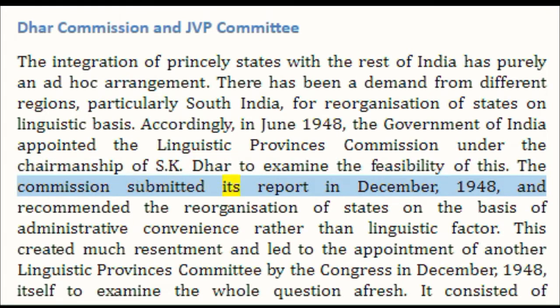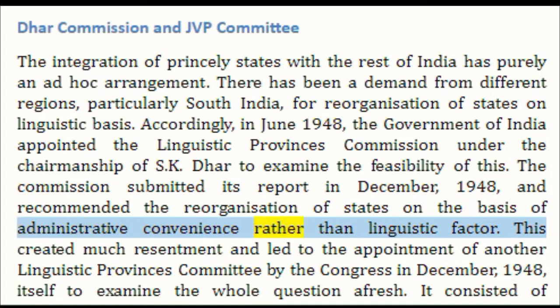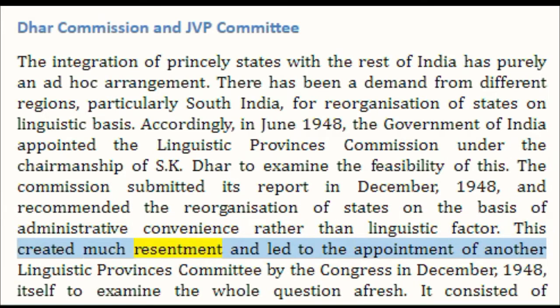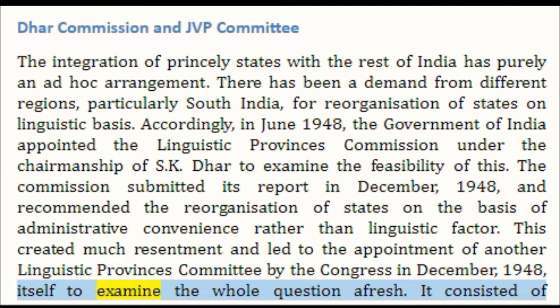The commission submitted its report in December 1948 and recommended the reorganization of states on the basis of administrative convenience rather than linguistic factor. This created much resentment and led to the appointment of another Linguistic Provinces Committee by the Congress in December 1948 itself to examine the whole question afresh.